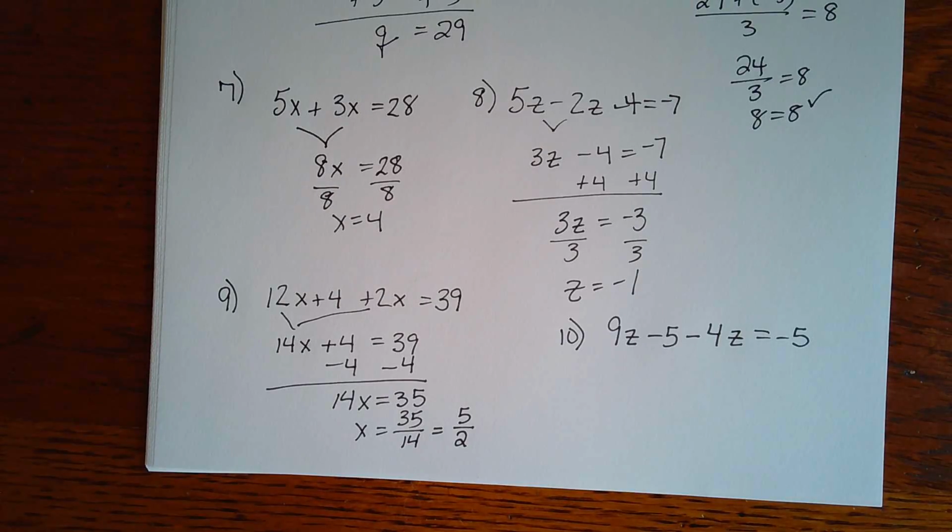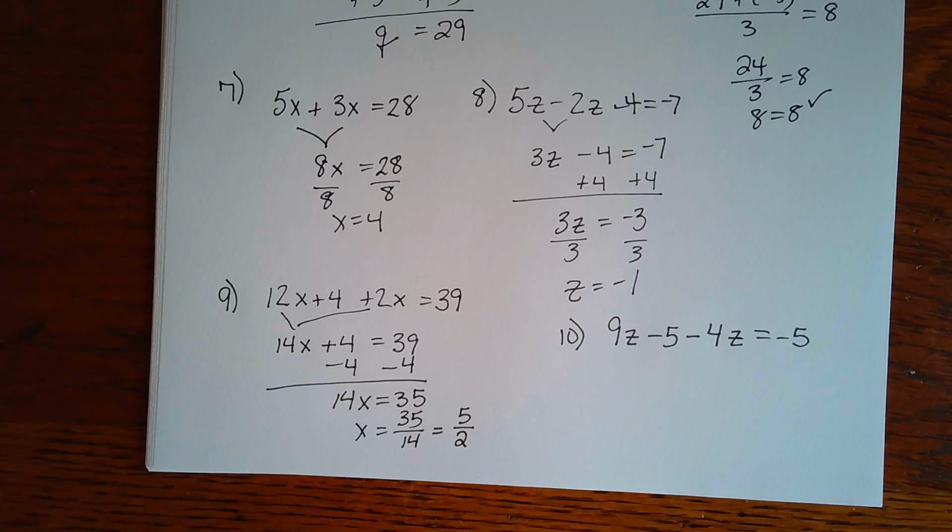Okay, how'd you do? Yeah, I know that was sort of a dirty trick. I gave you a practice one with a fraction for an answer. But let's see how we did. You combined the 12 and the 2 and got 14x. You then rewrote your problem with the plus 4 equals 39. Next step, we had to subtract the 4 across to get the x isolated. So when I did that, I ended up with 14x equals 35.